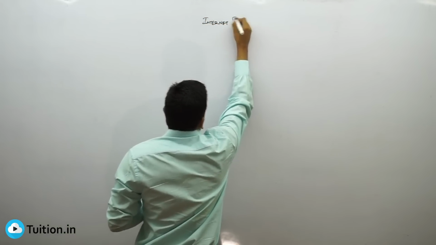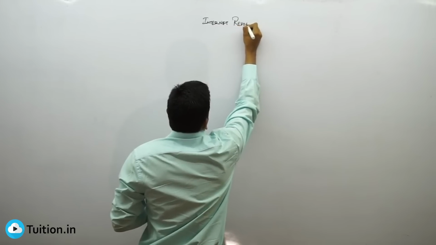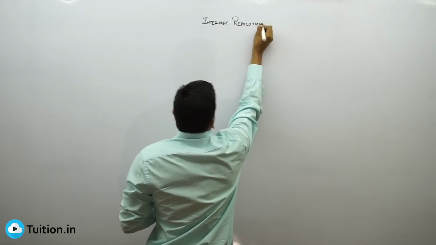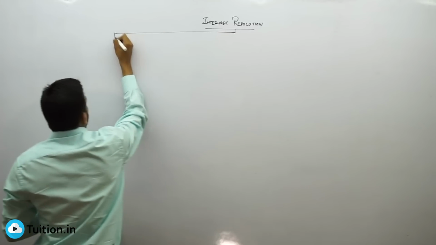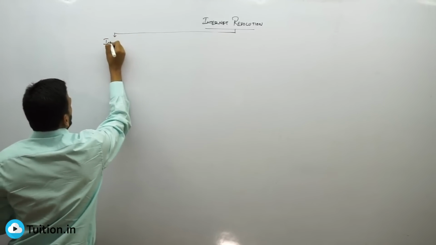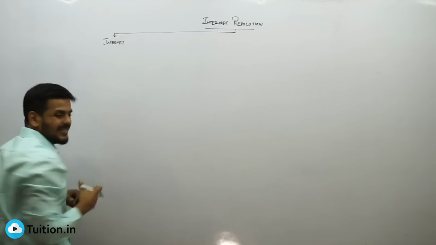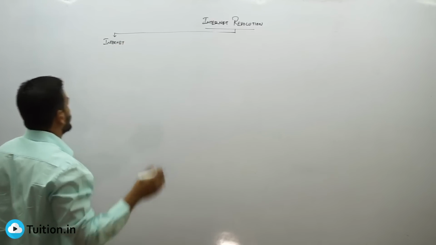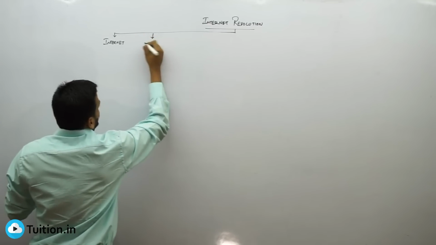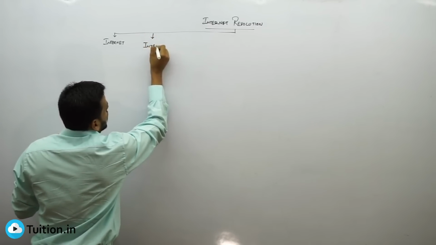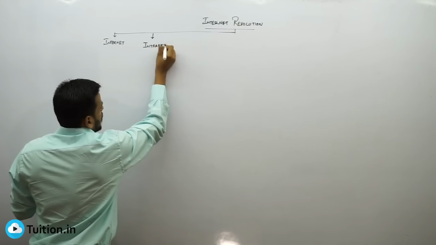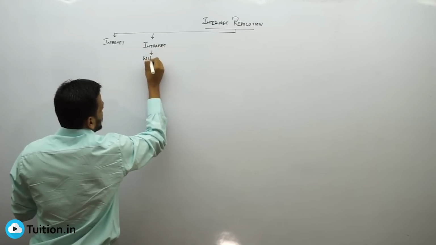In the internet revolution, we have to discuss 3 topics. First of all, what is called the internet, which is a network across the world, a network of networks, interconnected networks, whatever you say. Then we have something to do with intranet. Intranet is purely within the organization.